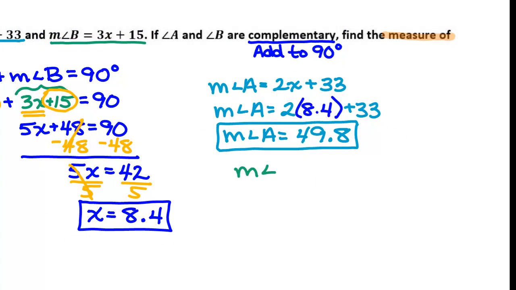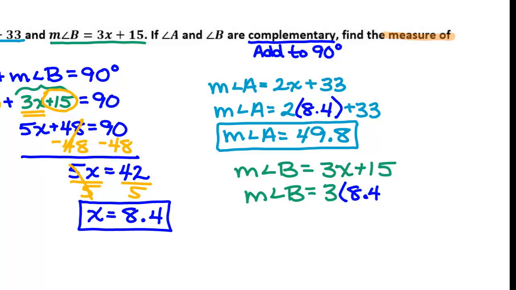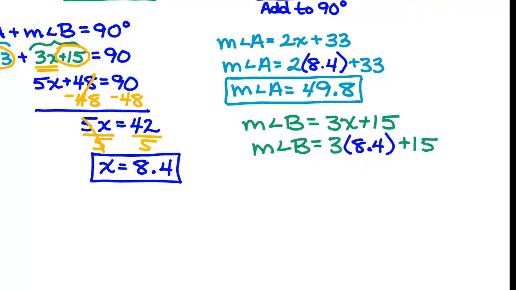And then the measure of angle B is 3x plus 15. So we have 3 times 8.4 plus 15. What is 3 times 8.4 plus 15? 40.2.